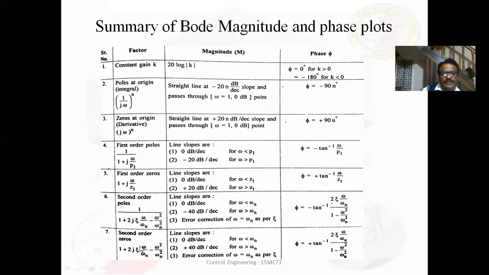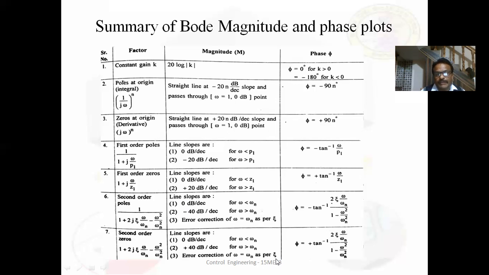Then second order zero: 1 plus 2j zeta omega by omega n minus omega square by omega n square. The line slopes are 0 dB per decade for omega less than omega n, and here it is plus 40 dB per decade for omega greater than omega n.